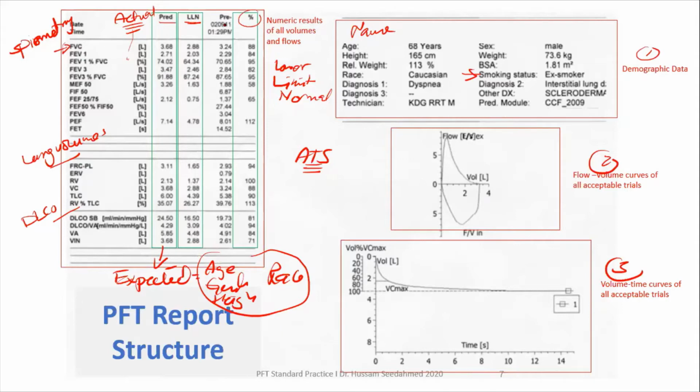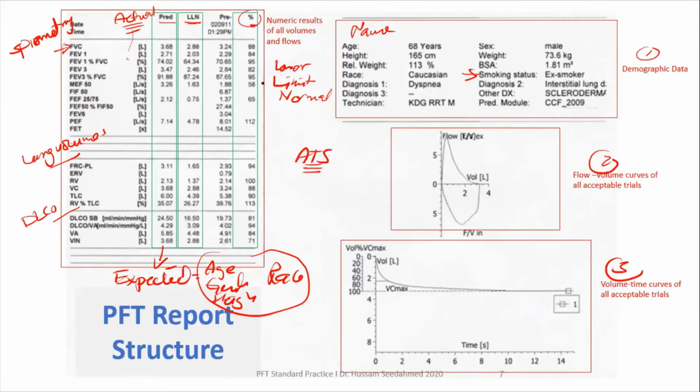Now here, this is the percent predicted. You have been seeing this a lot, especially in exams and MCQ questions. Like this patient had, for example, FEV1 60% predicted. What do you mean by 60% predicted? How can we calculate the percent predicted?